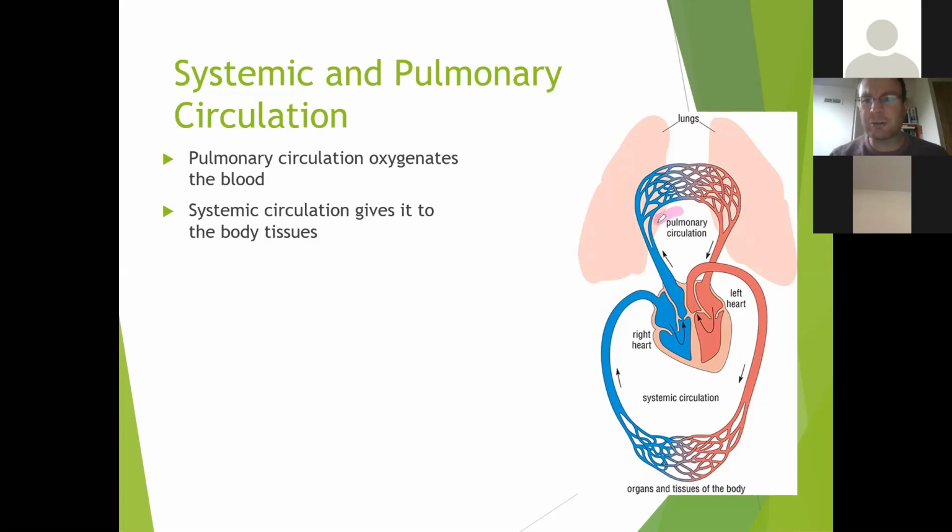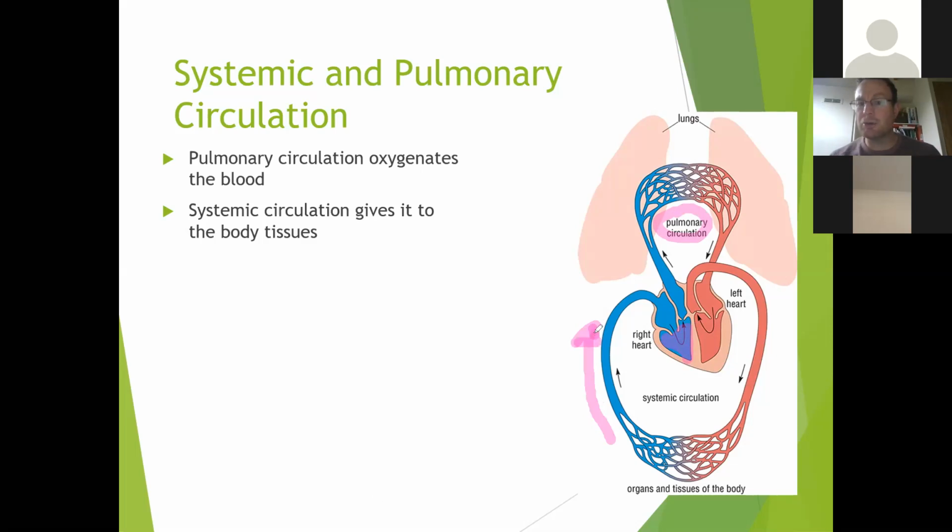So our pulmonary circulation, this bit at the top, is responsible for oxygenating the blood. So what this comes from, can you see down here? I'm just colouring it in now. This is the right side of the heart. So blood has returned from the body up here.